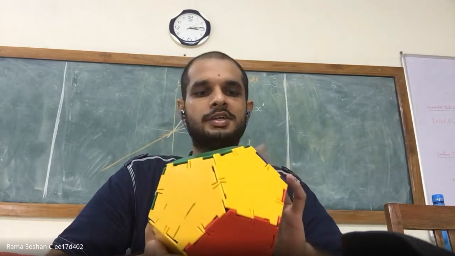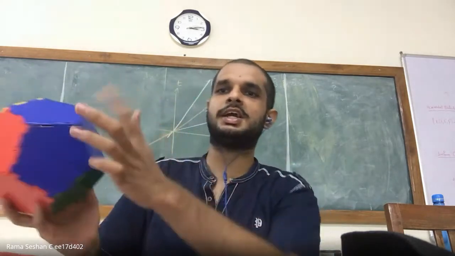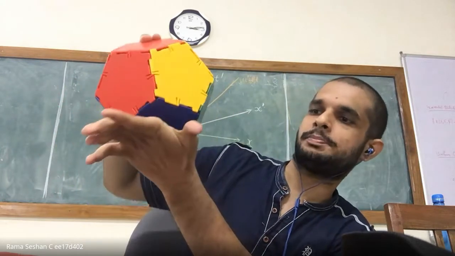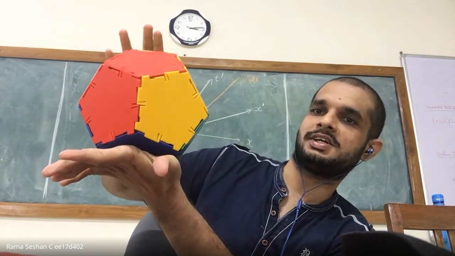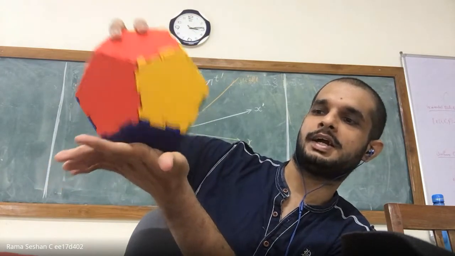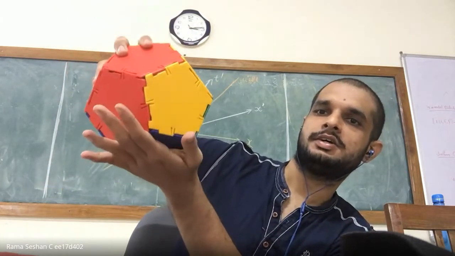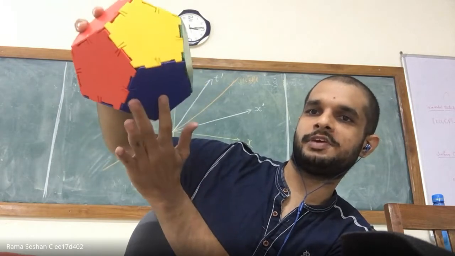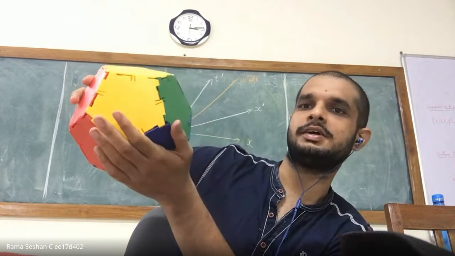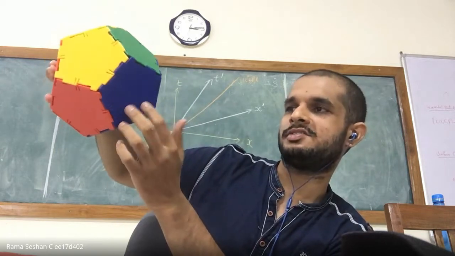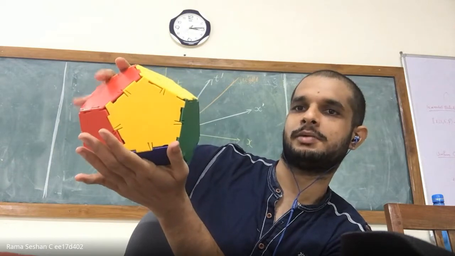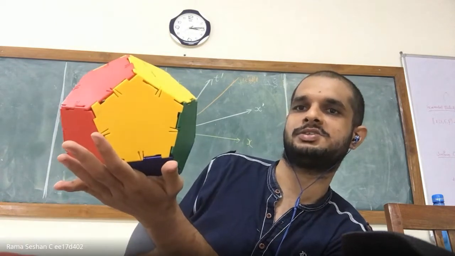If you take any face, for example this blue face, I can support the polyhedron on this blue face such that the entire polyhedron lies on one side of the plane containing the blue face. Mathematically, this blue face acts as a supporting hyperplane in convex analysis, if you have read it. But physically, it means that each face can serve as the resting face for a polyhedron.